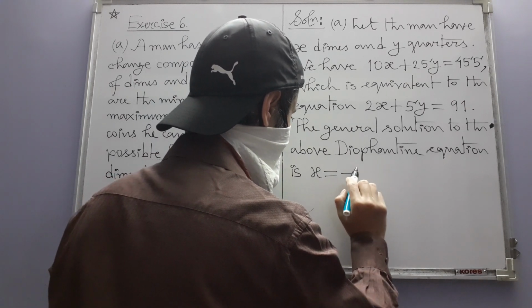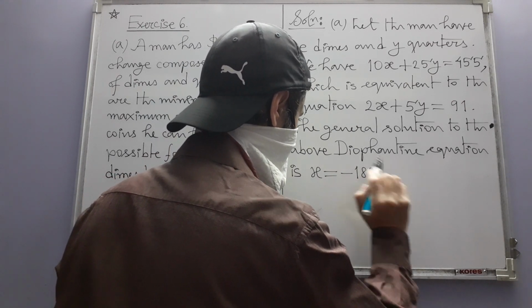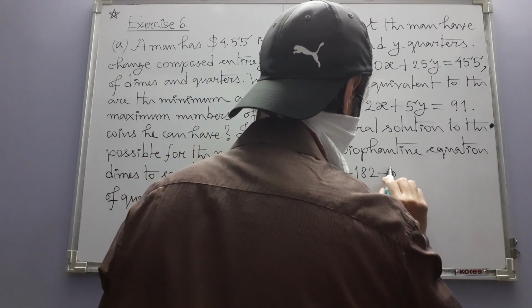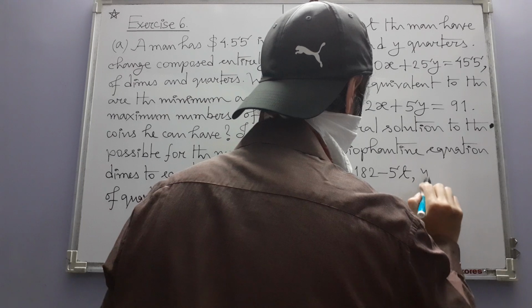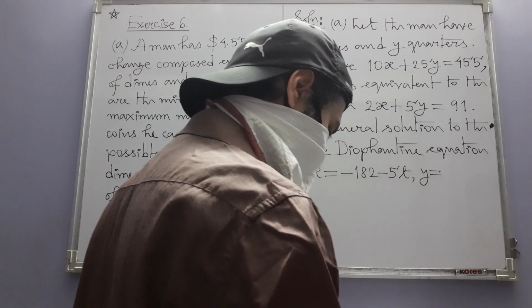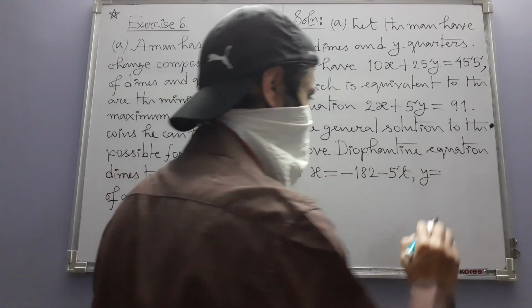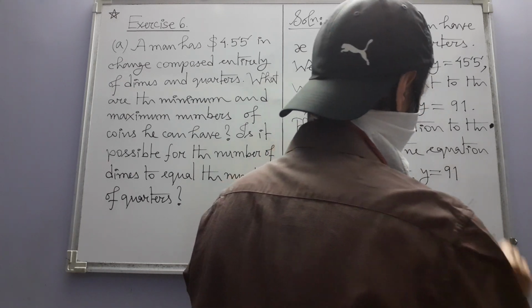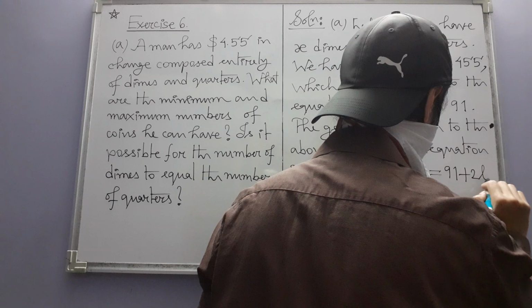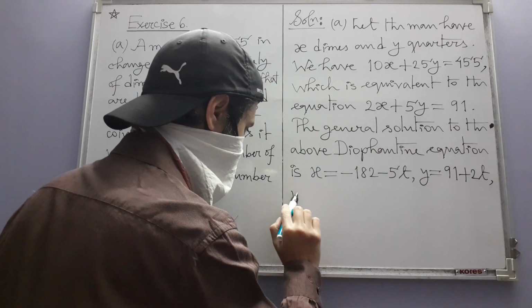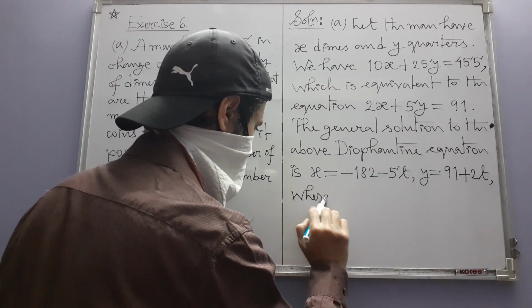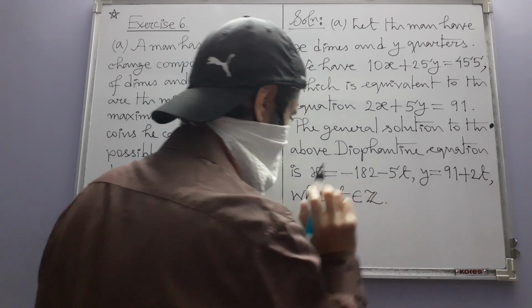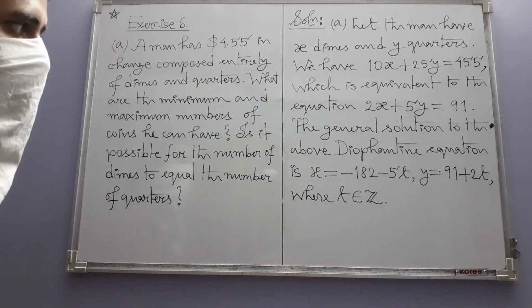So the solution is this: x equal to minus 182 minus 5t and y equal to 91 plus 2t, where t of course is an arbitrary integer.